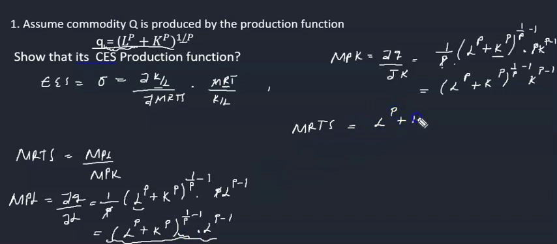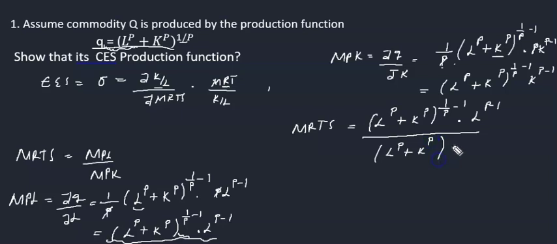L^P plus K^P, these are in brackets, with the power 1 over P minus 1, multiplied by L^(P minus 1), then divide by L^P plus K^P, close the brackets, 1 over P minus 1, and we'll have K^(P minus 1) like that.